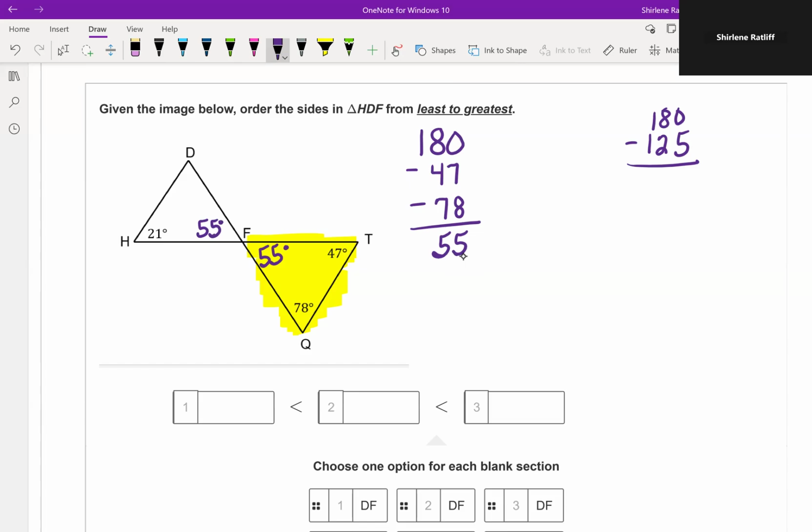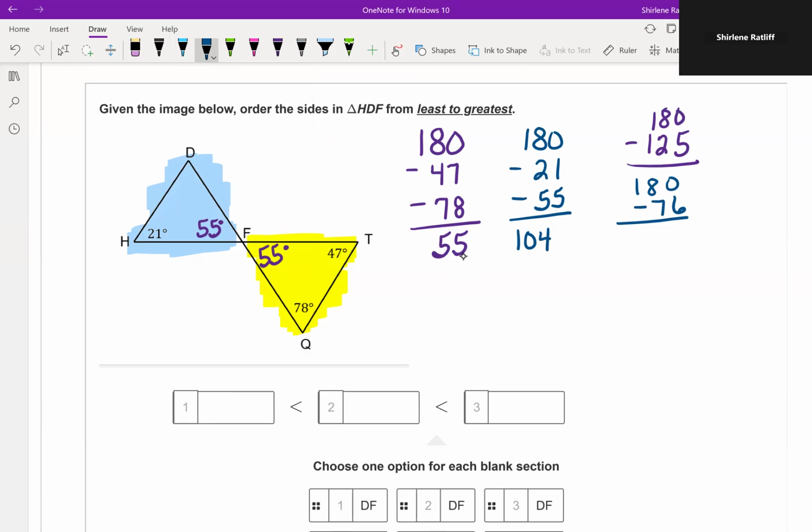Now, we're going to do the same thing for triangle DHF. The angles inside of every triangle add up to 180, so to find angle D, we're going to do 180 minus 21 minus 55. And that's going to give us 104 degrees for angle D.